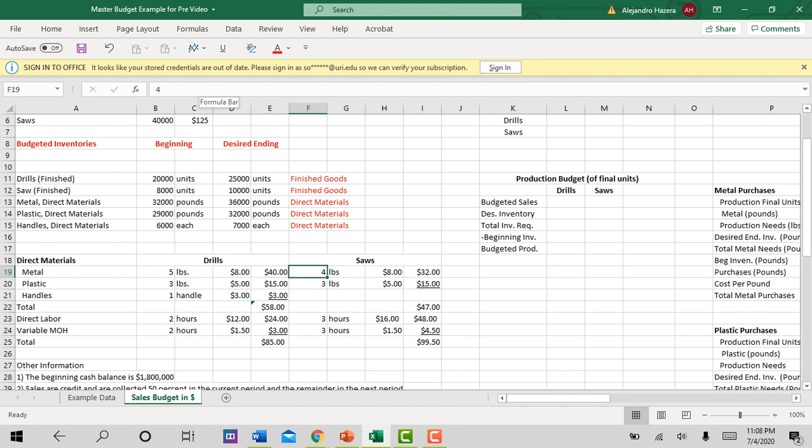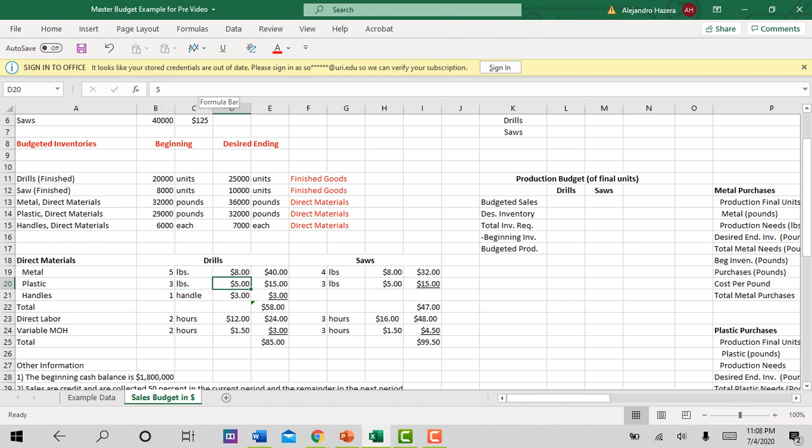Then we come over here to saws, and for saws, the company, based on their experience, says that for one saw, 4 pounds of metal should go in. I guess the same type of metal at $8, so each saw should use up $32 worth of metal. And then the same thing for plastic. Say the company has a bunch of plastic, it uses it both in drills and saws. For drills, each drill should have 3 pounds of plastic going in.